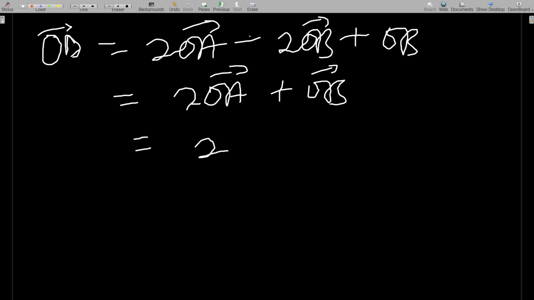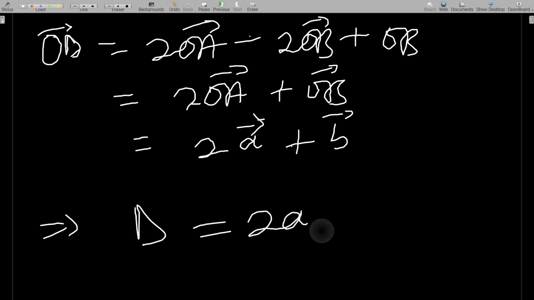So if you go ahead, you have something like this: 2OA plus OB, and our D will then be given by 2 into OA, which is given as small a. That was given in the question, so always check what was given in the question. So 2A plus B. So the point D is given by 2A. Is it minus or plus?